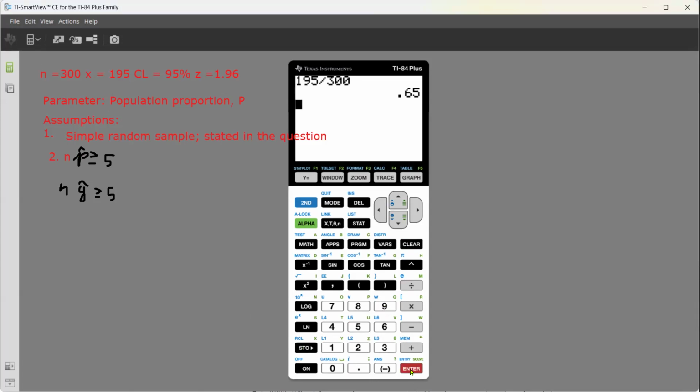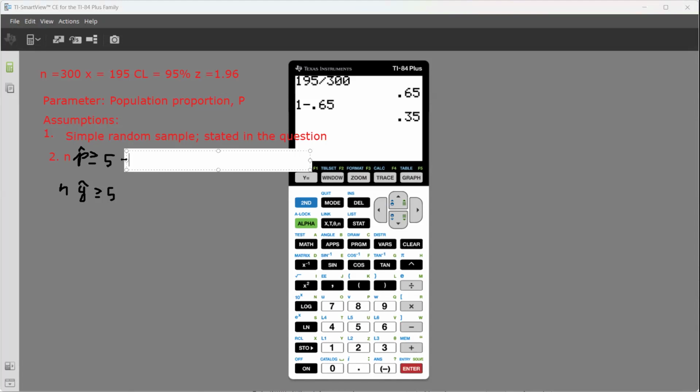0.65. Okay, Q hat then is 1 minus P hat. So this is 1 minus 0.65, which is 0.35. So now what I'm going to do is test my assumption here.